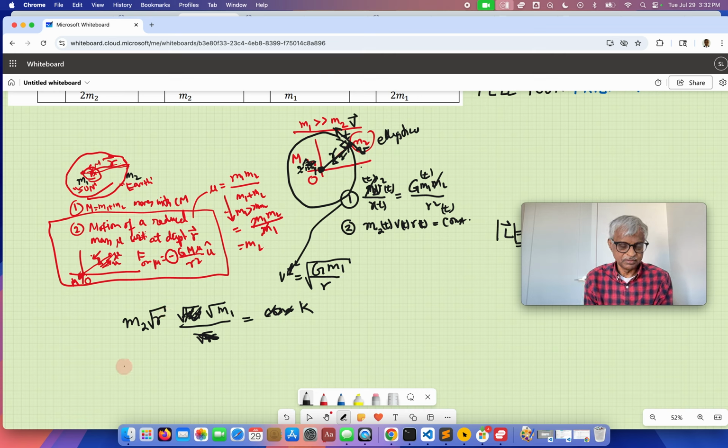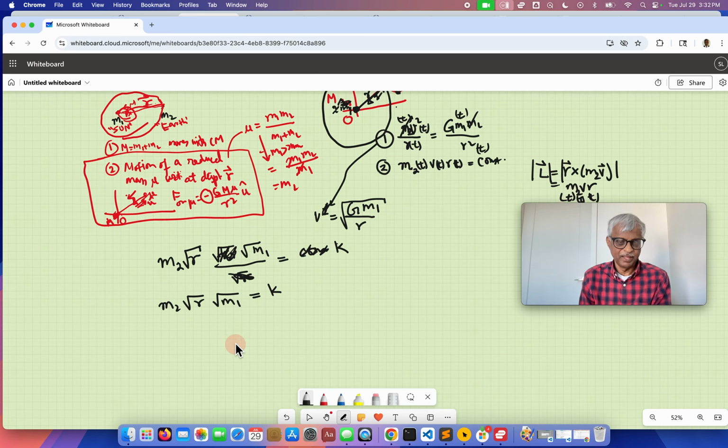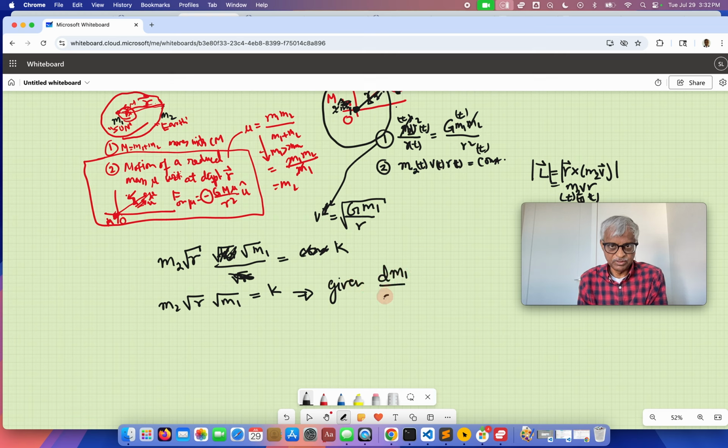Okay, so I've got M2 square root R square root M1, some constant K. And now from here, given dm1/dt is gamma, m1 is increasing in mass, dm2/dt equals minus gamma.